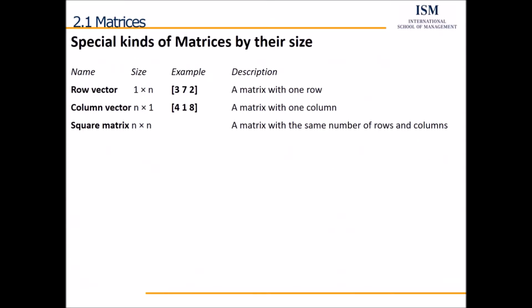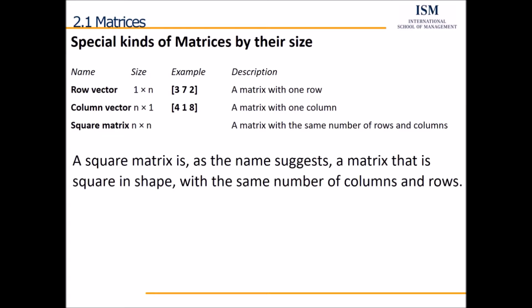We have three kinds of matrix divided by their dimensions or size. These three special kinds, according to their size, are row vector, column vector, and square matrix.